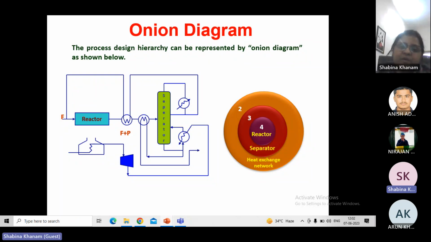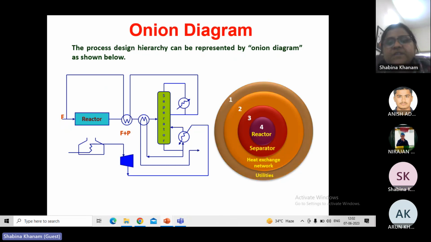Once having this heat exchanger network, some of the heating requirement would be met by the process itself, but some of the requirement has to be satisfied from outside by supplying utilities. So obviously the utilities layer will come after this exchanger network. Once I'm having this utility, we need to generate that, and that is the site. Either you can have steam production or a cooling tower for production. So this is the whole onion diagram, or we can say the whole chemical process, layer to layer.